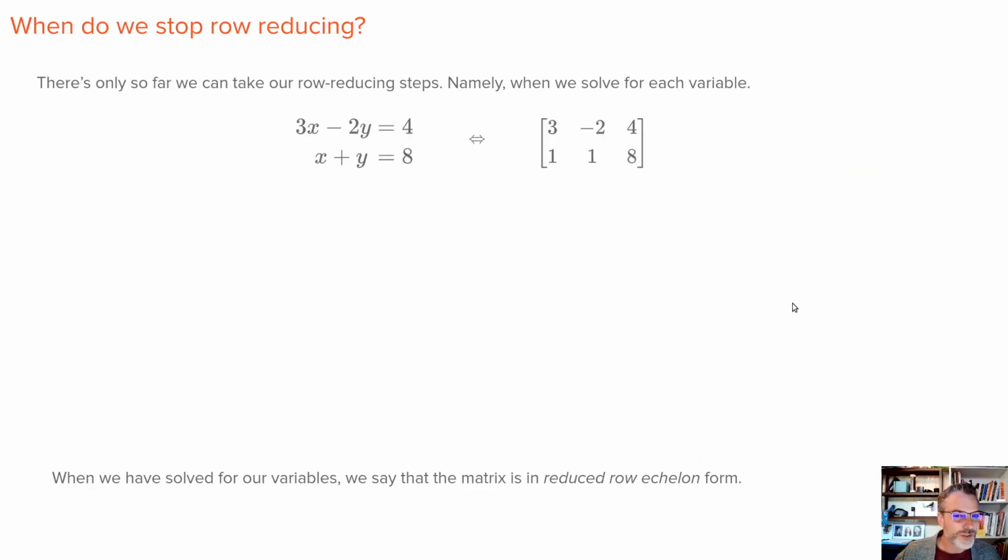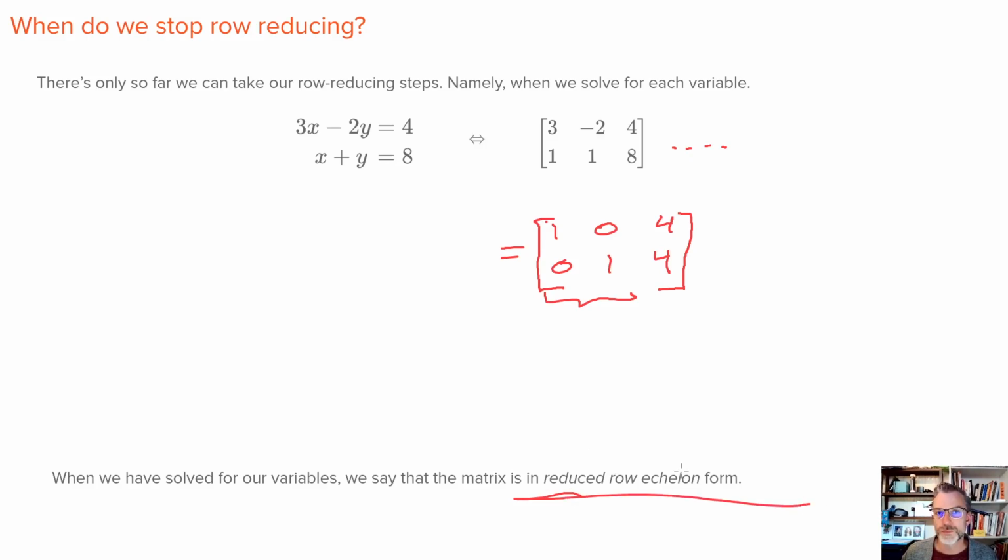When do we stop row reducing? Well, as you saw a couple slides ago, I kept on row reducing this until I got something that looked like this. Then I stopped. This form here, when I have that 1, 0, 0, 1, that's a special form called the reduced row echelon form.